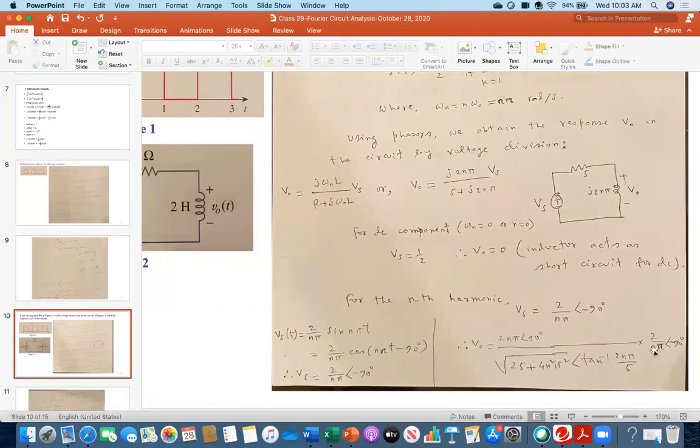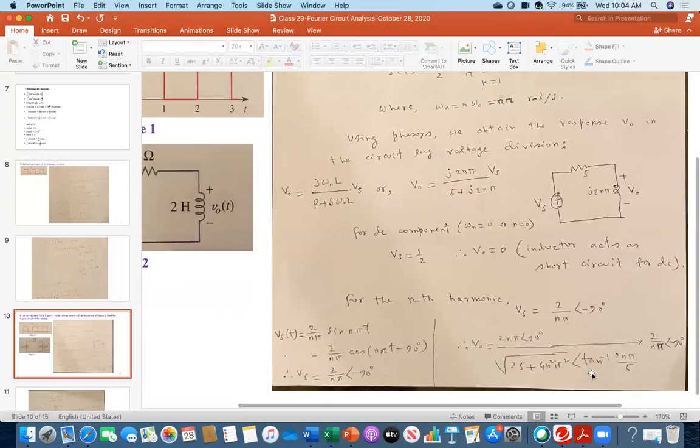If you put Vs here, this is 2 over n pi, and this 2 n pi, because there is j, so I am putting 90 degrees, and in the denominator, I am calculating its magnitude. Because you see here it is n, so you cannot directly apply your calculator to get the actual value, so from rectangular format, I am trying to put it in polar format.